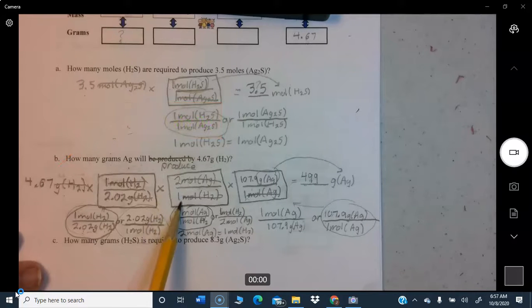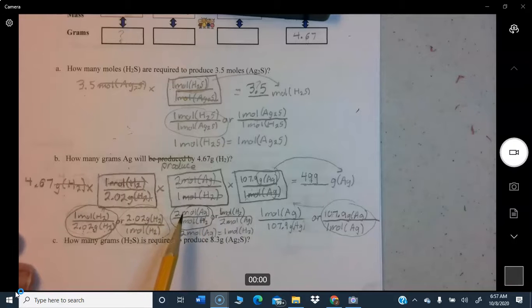These are not measured values. You're simply saying in the equation there's 2 moles of Ag for every 1 mole of H2. Do those count as one significant figure? The answer is no. They're not measured values. They're simply a relationship of 2 moles to 1 mole. So these actually have an infinite number of significant figures. In other words, they don't limit your significant figures.